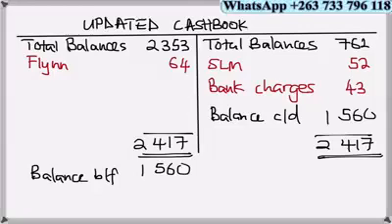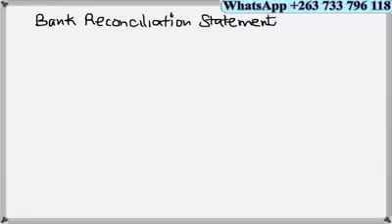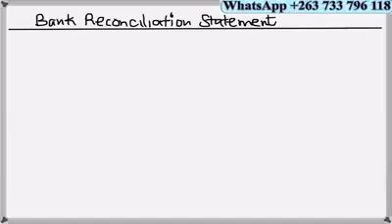Therefore, let's now use this to reconcile our bank statement balance. So, our bank reconciliation. There are two most important things here, which are the unpresented checks and bank lodgements not yet credited to the bank account.